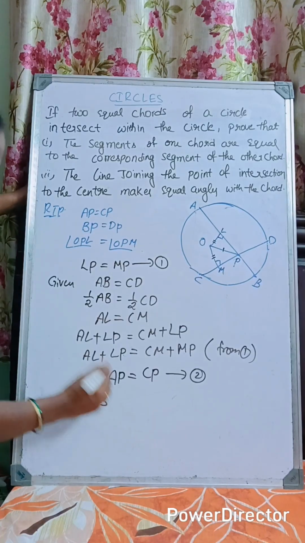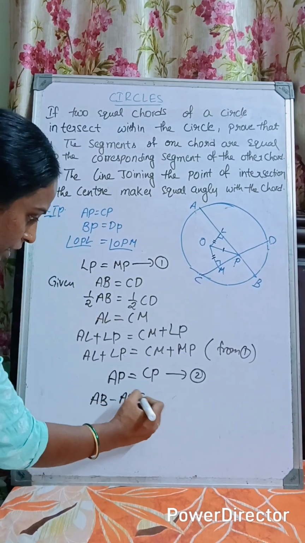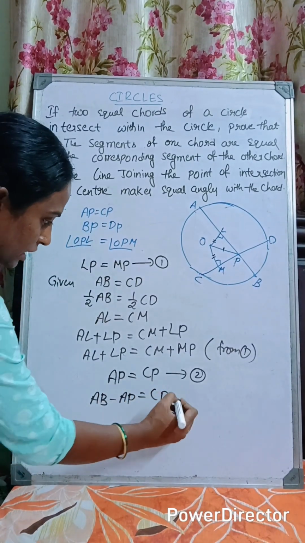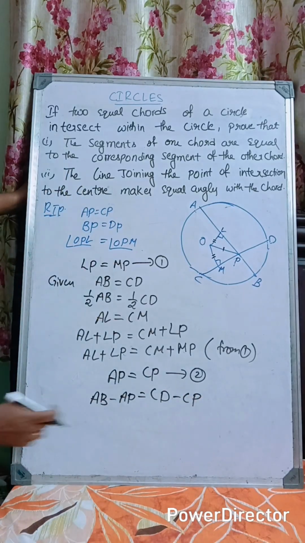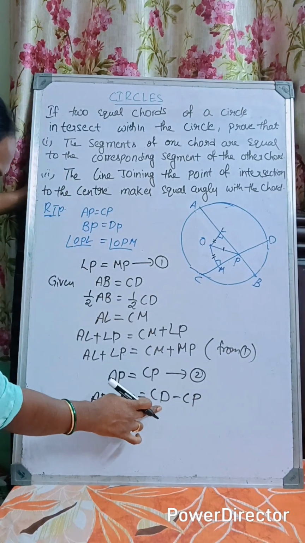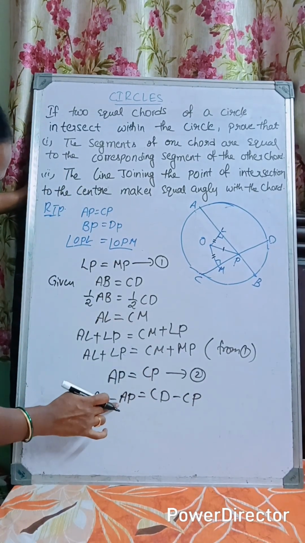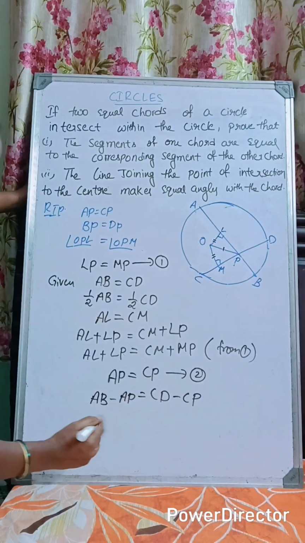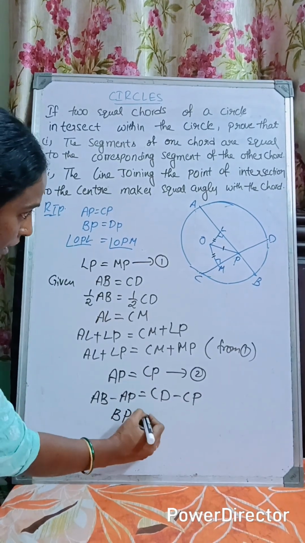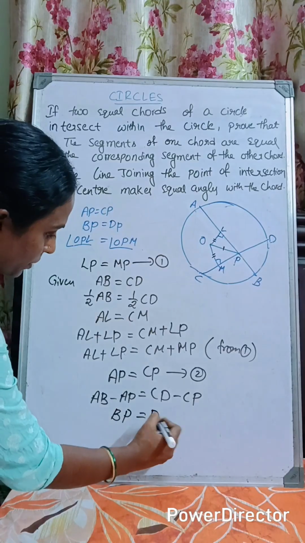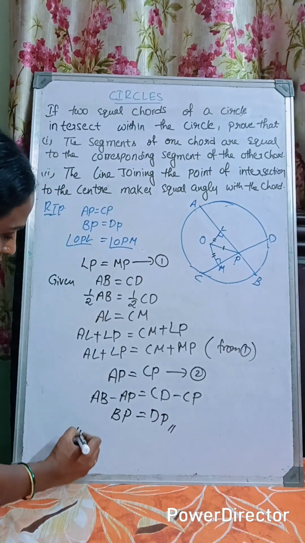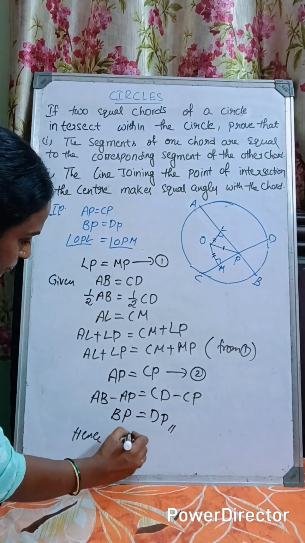From AB, I am going to subtract AP, and from CD, subtract CP, because these two are equal chords. AB is equal to CD and AP is equal to CP, so AB minus AP equals CD minus CP. Then we will get BP is equal to DP. So, this is what was required to prove.